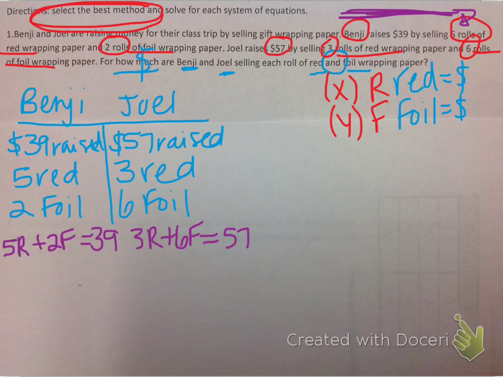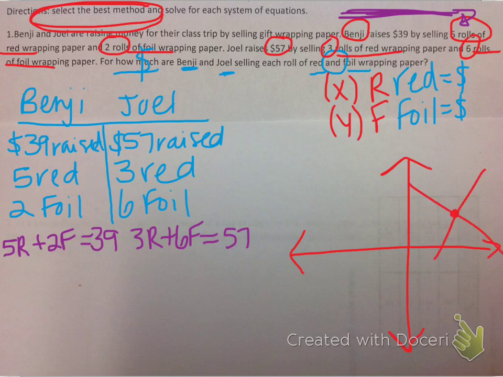And this time, where the points cross, if let's say you're doing a graph, okay, if red is x and foil is y, wherever the 2 lines meet, okay, that point, your x value is your red, and your y value is going to be the foil.